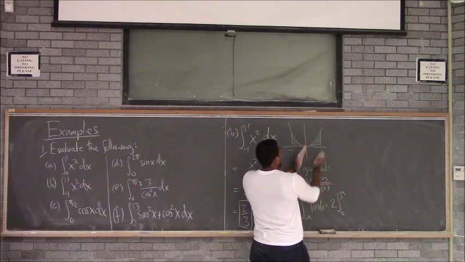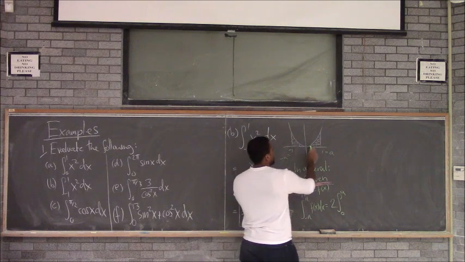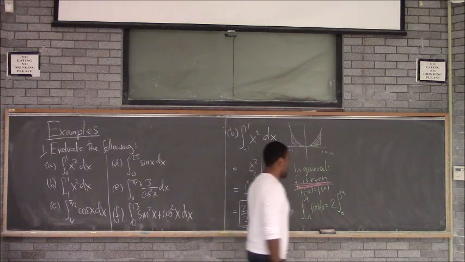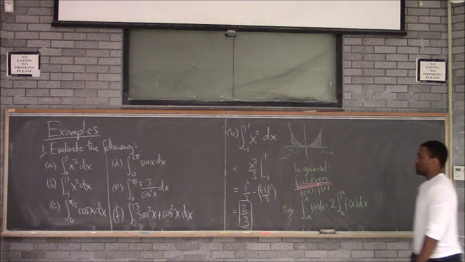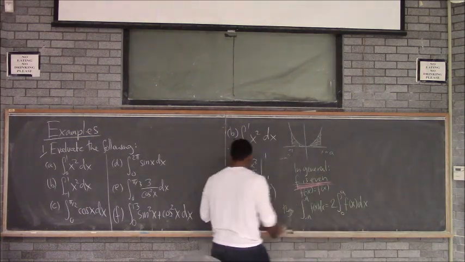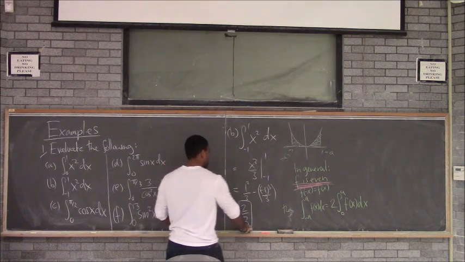So if this is my minus a to a, I can just find half of the answer and then double it to get the other half. For even functions, this is going to work out. So you can actually cut down your work a little bit by plugging in 0 for one of the values.